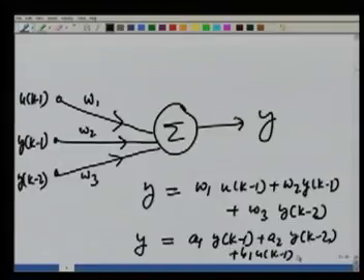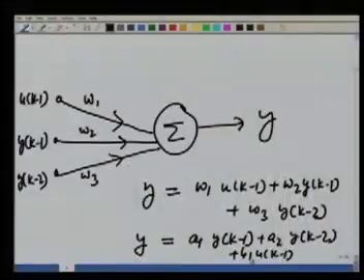So, I give this data to this model, and I have to develop a methodology to update my weights W1, W2, W3 in such a manner that finally my W1 becomes B1, W2 becomes A1, W3 becomes A2.